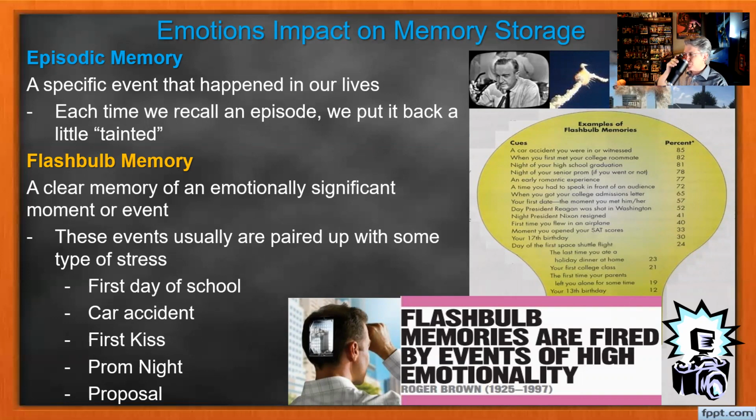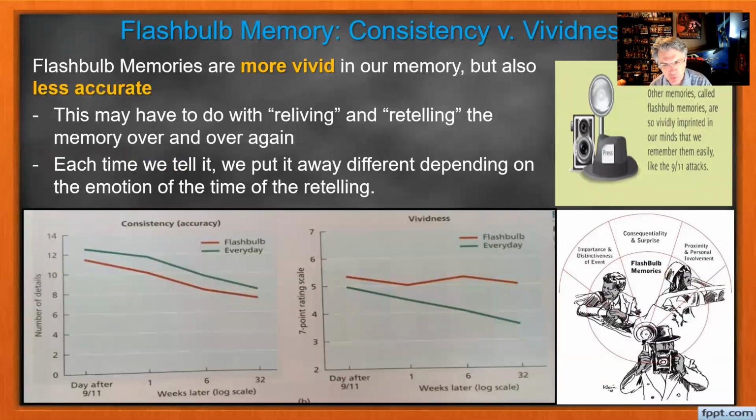And then what happens is, when we go back to that memory again and again and again, we start to believe these additions that we put into it. So as a result, our flashbulb memories tend to be very vivid because we keep going back to them, but they also become less accurate because we keep reliving and retelling it.